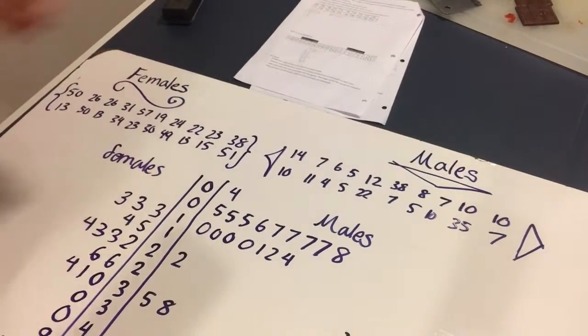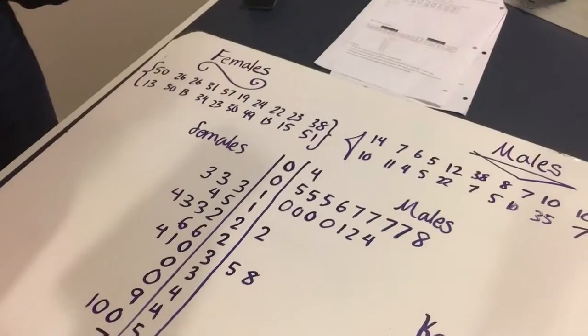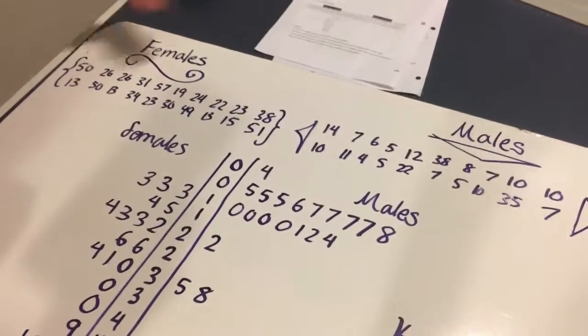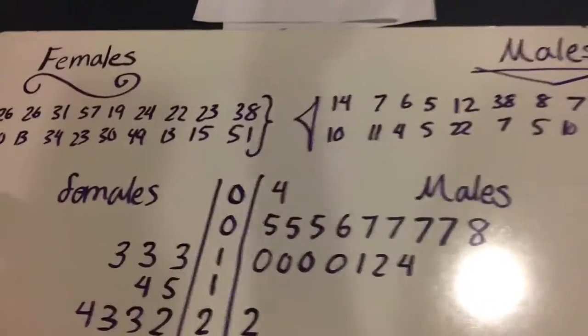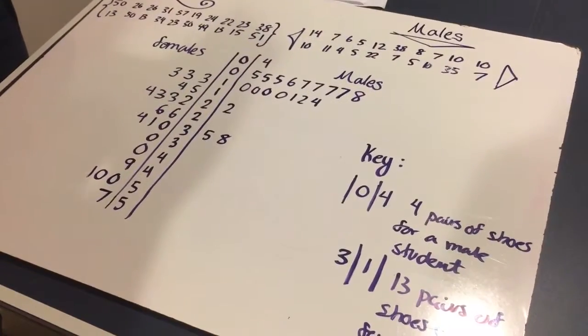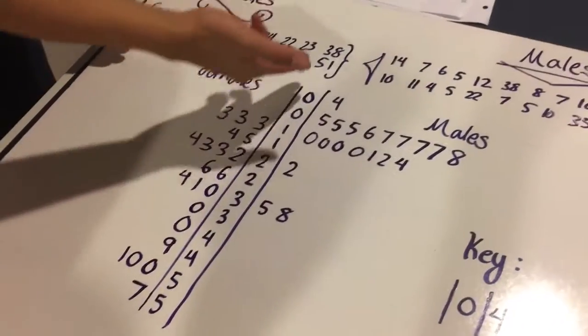A back-to-back stem plot is similar to a stem plot, but differs just slightly. A back-to-back stem and leaf plot is used to compare two sets of data. The leaves for one set of data are on one side of the stem, and the leaves for the other set of data are on the other side. They're constructed very similarly. You separate each observation into a stem, and then put leaves on either side for both columns.